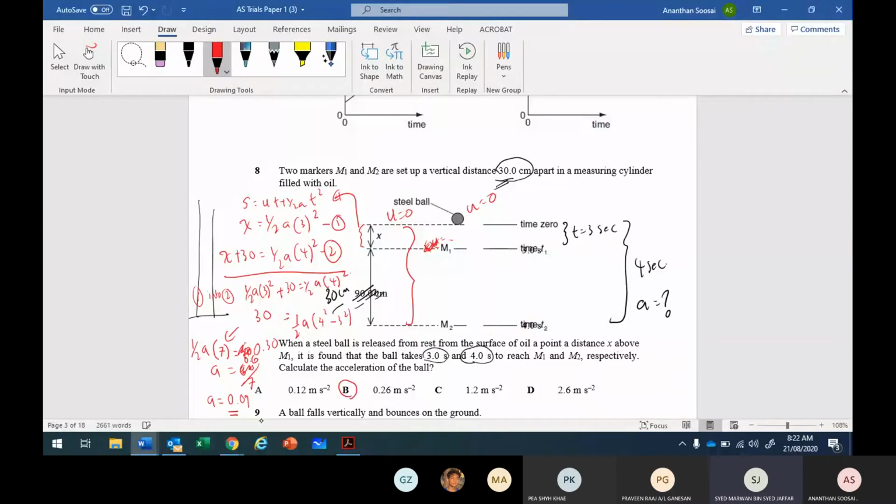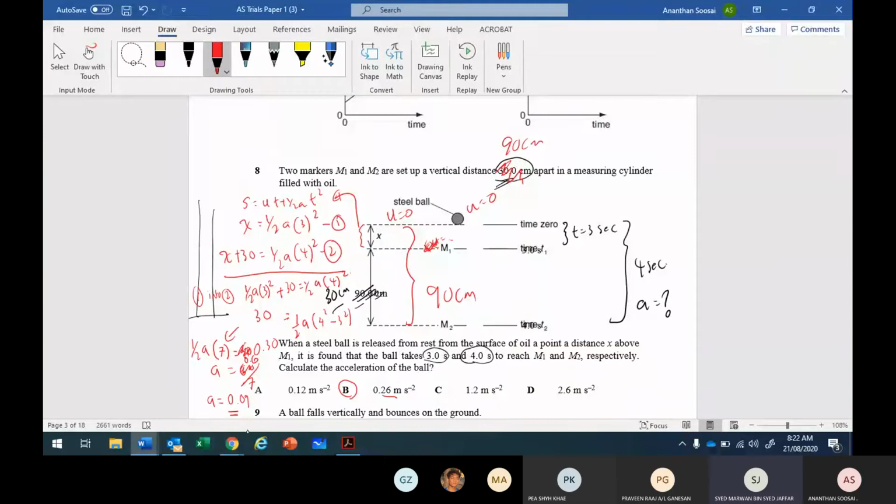We've been given the answer. It means the question used 90 centimeter for the answer. The error contradicts the value. So I think here it should be 90 to get the answer. If this comes out in the exam and the error is not rectified during the paper, it should be a bonus mark for one question.